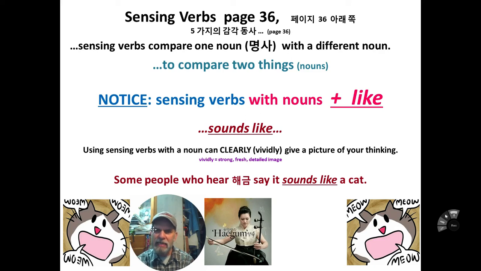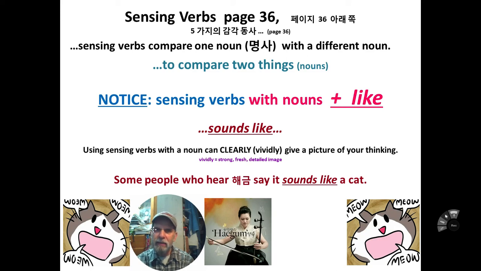Look down at the dark red sentence. Some people who hear Hagum say it sounds like a cat. Hagum is a noun. Cat is a noun. Sounds like, that's the sensing verb.